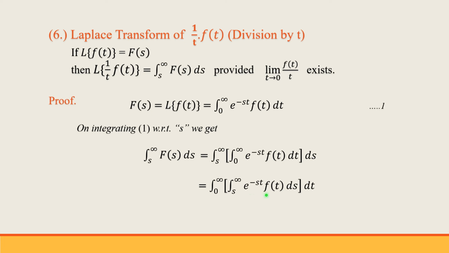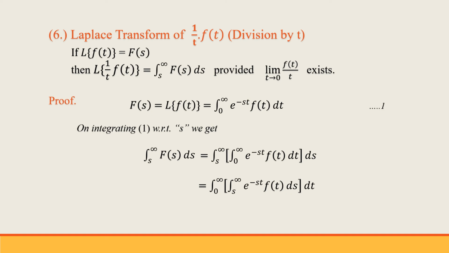Note here that the integral 0 to infinity is with respect to t and s to infinity is with respect to s. That's why we also bring ds inside the bracket and dt outside the bracket.